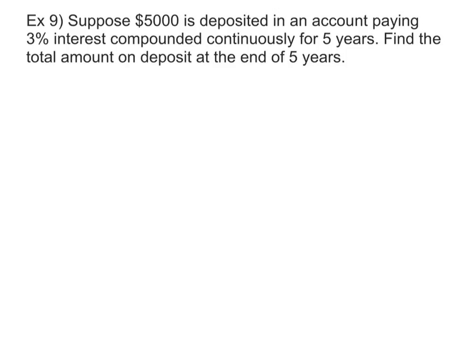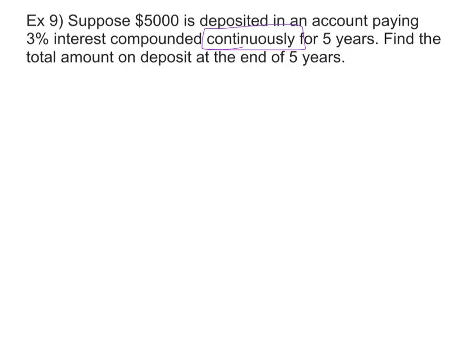All right, so now look at what this one says. Suppose $5,000 is deposited in an account paying 3% interest compounded continuously. That's our key. For 5 years. Find the total amount on deposit at the end of 5 years. Total amount on deposit and total amount in the account mean the same thing.